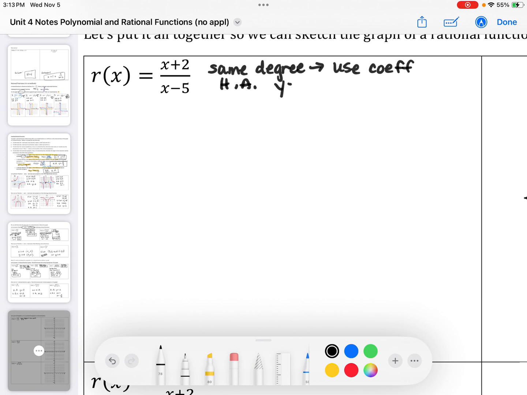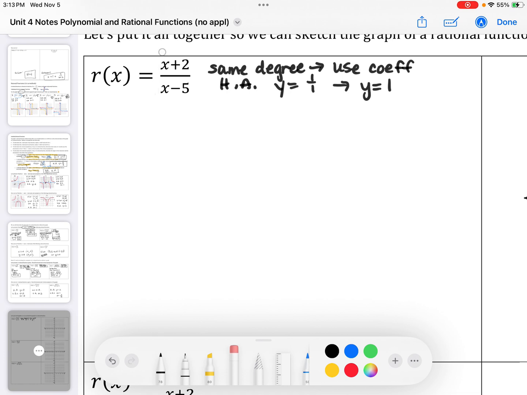So our horizontal asymptote is y equals coefficient of 1 here, coefficient of 1 here, and 1 over 1 is just 1. So when we go to graph, we'll have a horizontal asymptote at the y value of 1.